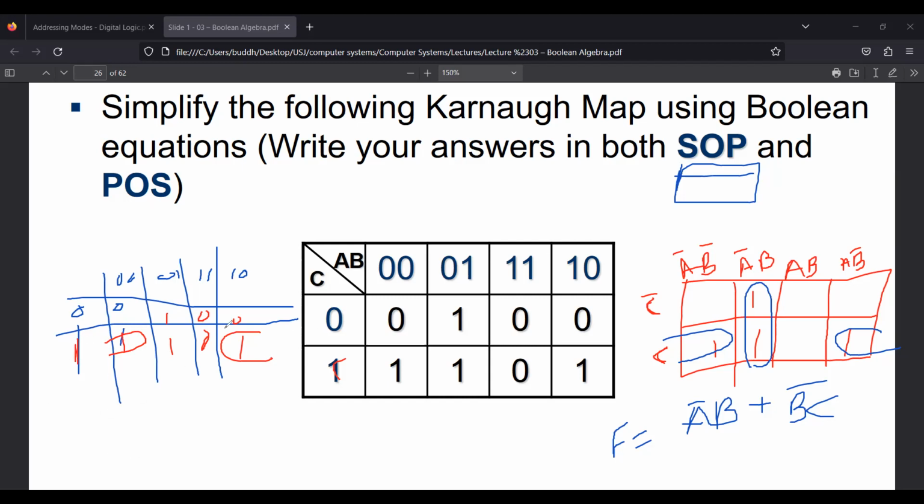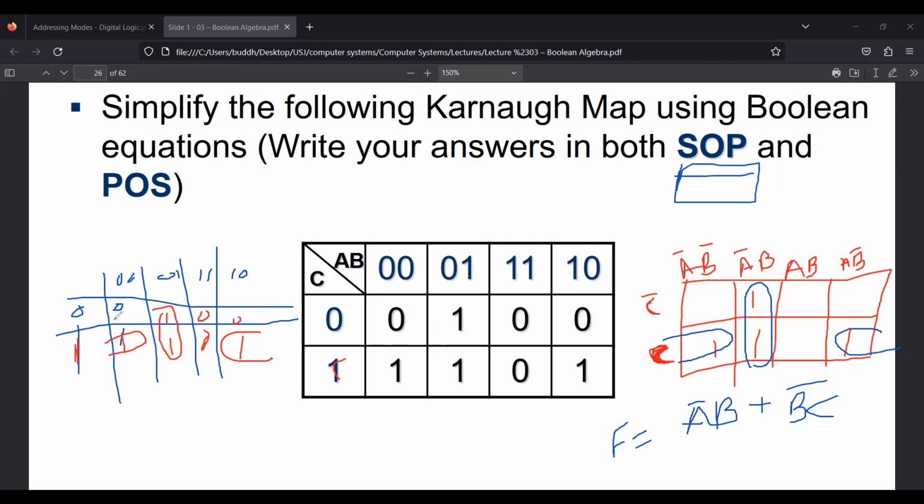So it will be good to draw the Karnaugh map in this way. Then we are not going to get a wrong answer or make any mistakes when you derive the answer, right? And we can go this one also, right?